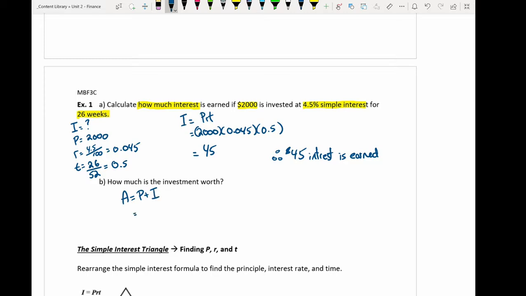So in this case, my principal, I started with 2,000. I earned $45 in interest, which means my total amount in the end is $2,045. Therefore, the investment is worth $2,045.